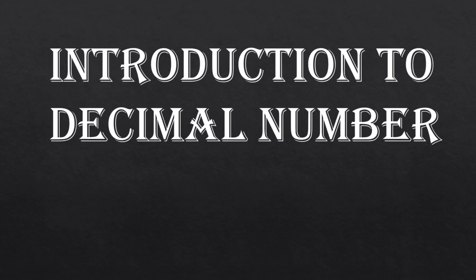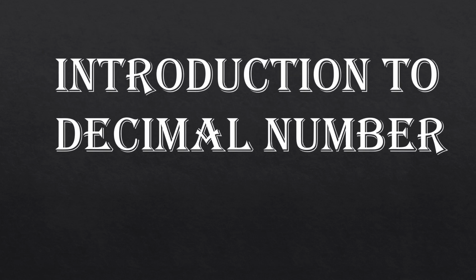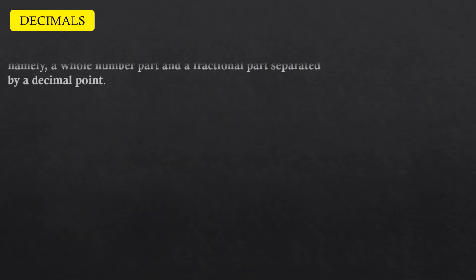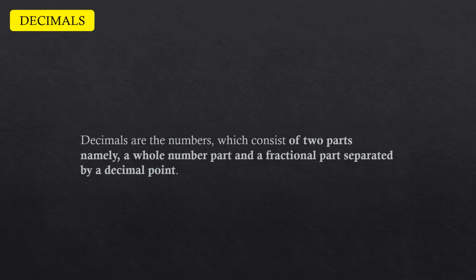So first, let's learn the introduction of decimal numbers. Decimals are the numbers which consist of two parts, namely a whole part and a fractional part, separated by a decimal point. This line means that decimals are the numbers which are divided by a single decimal point.